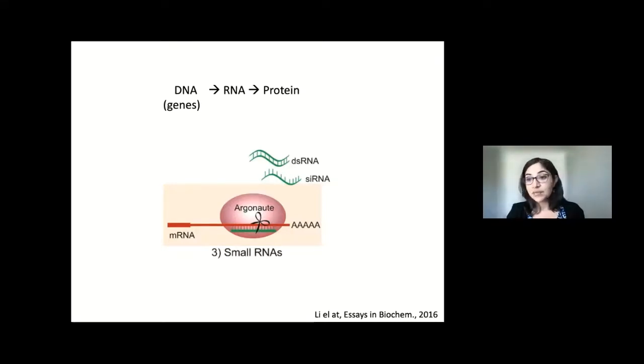Not AT, but U. So RNA has one base different. And these small RNAs can go and bind to mRNA, the RNA that makes the protein, and chop it. And thus it prevents this RNA from making the protein.